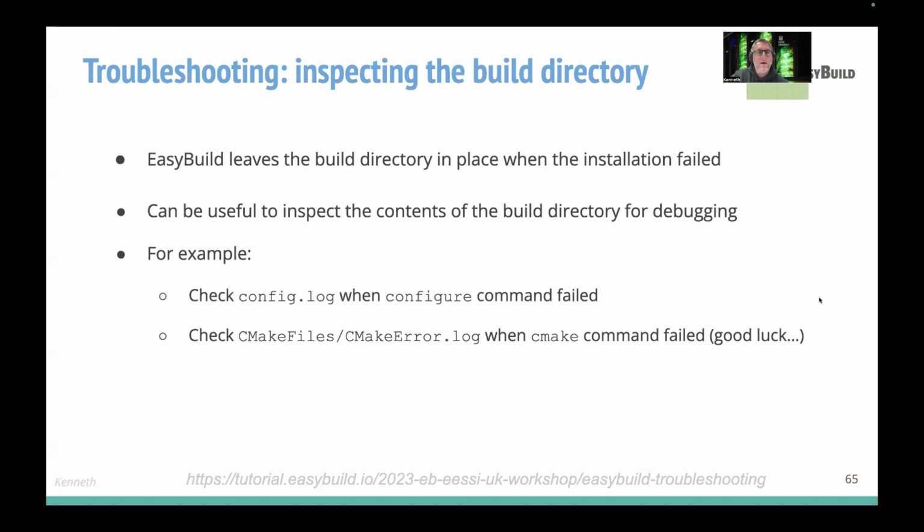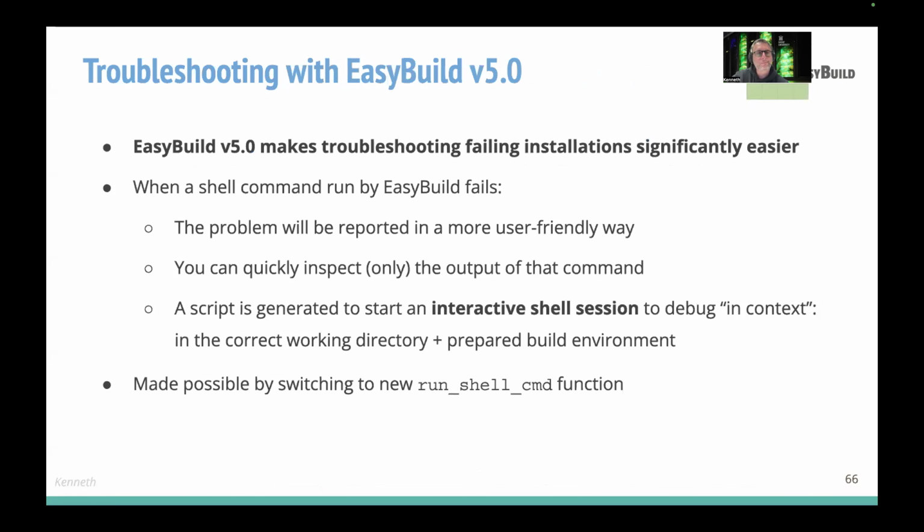Same for CMake. If you can find the CMake error file, that's already one step, but then real fun starts because CMake also does very extensive logging of what happens. But this may also be a necessary evil to figure out what's actually wrong. Now, all of this can be very painful and is still painful, but we've done a lot of work in EasyBuild 5 to actually make this significantly easier.